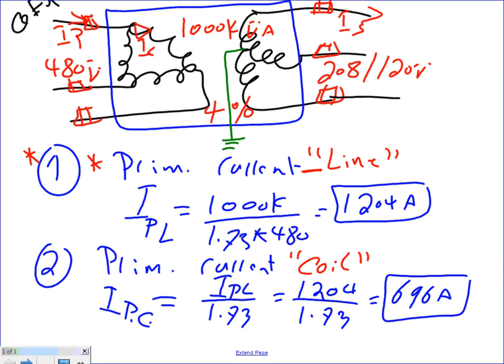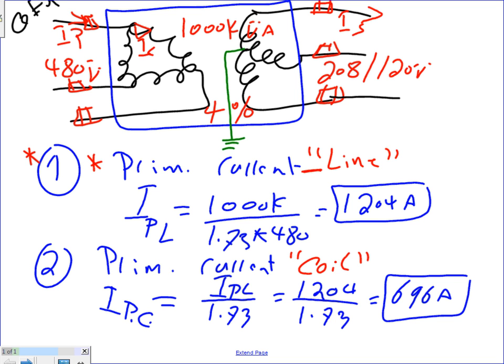Any questions about this? Oh, that's a piece of cake, up to this point. Let me know when I can move. So now, if we're going to move ahead, we're going to do the line current on the secondary and the line current and the coil current on the secondary. So that's it. Can I move?